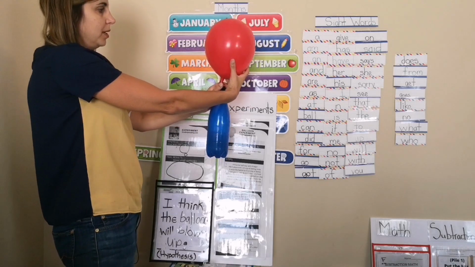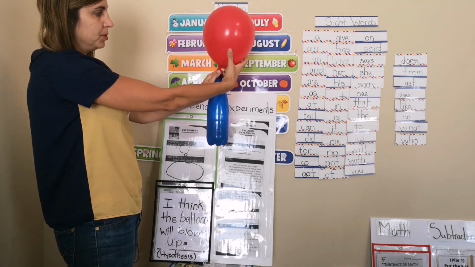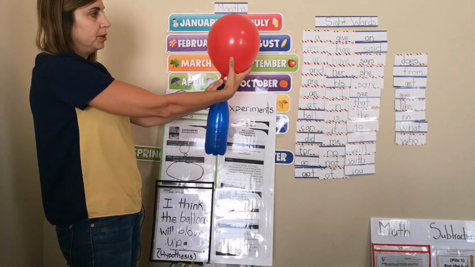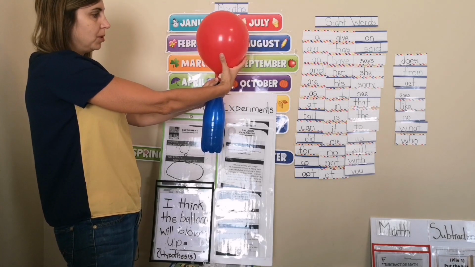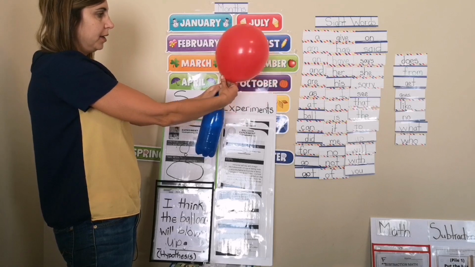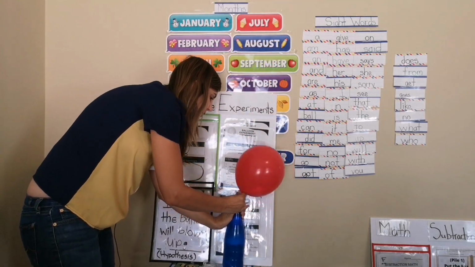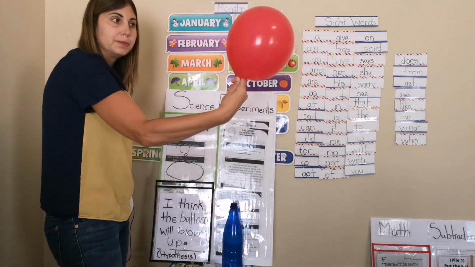And look how big it can blow up my balloon. I'm holding with one hand my balloon so it doesn't fall off my bottle. And then all I did was turn over the baking soda inside the balloon. And I'm watching how big. Oh, it's done. It's done blowing it up, I think. Yep. And it blew up my balloon.